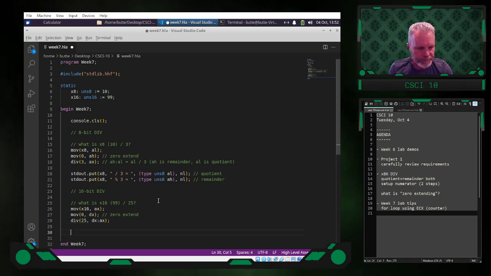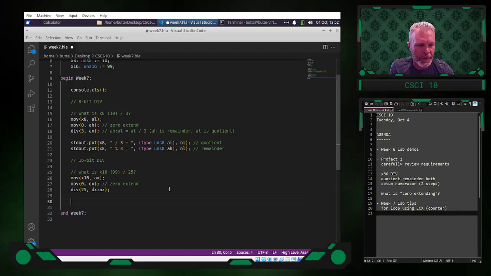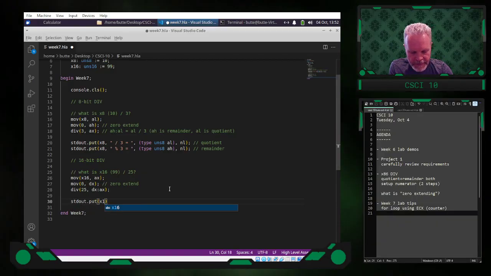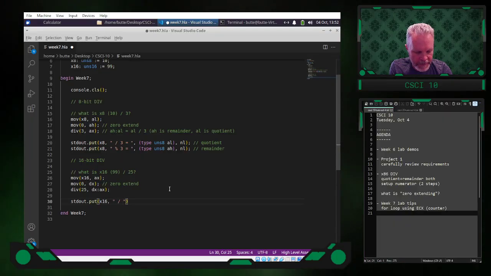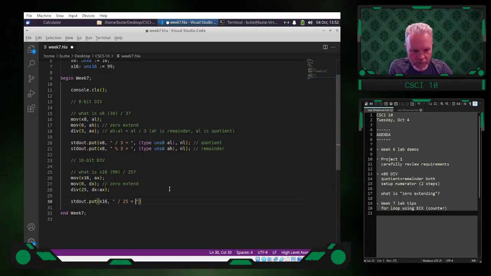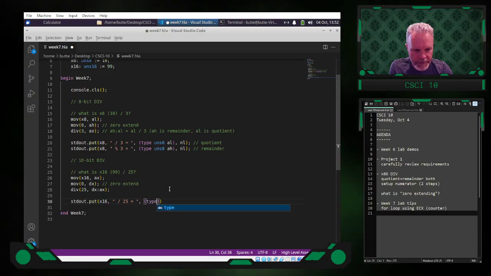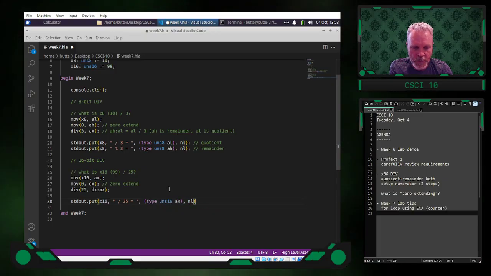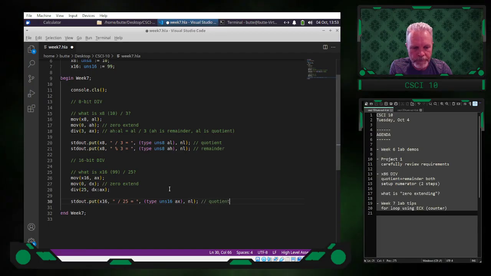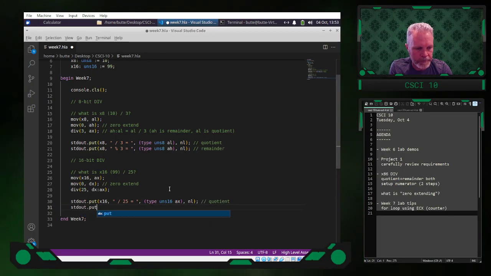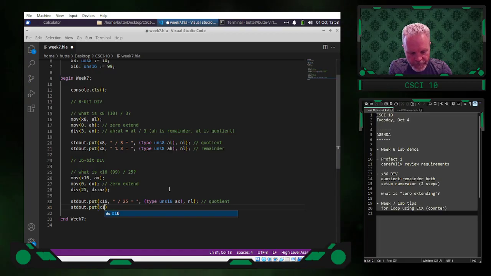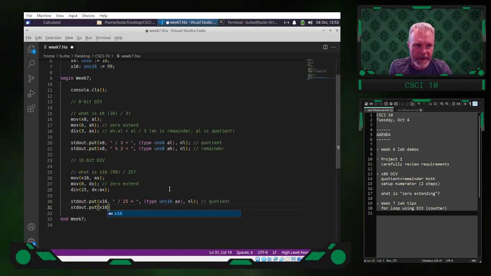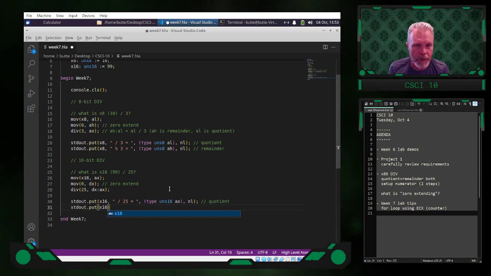Okay. So when we get done with all that, we'll get two results. We will have x16 divided by 25 equals, and then we will typecast to uns16. The AX part, that's the quotient. And again, the quotient is in AX for 16-bit division, because that's where it has to be. You can't move it.